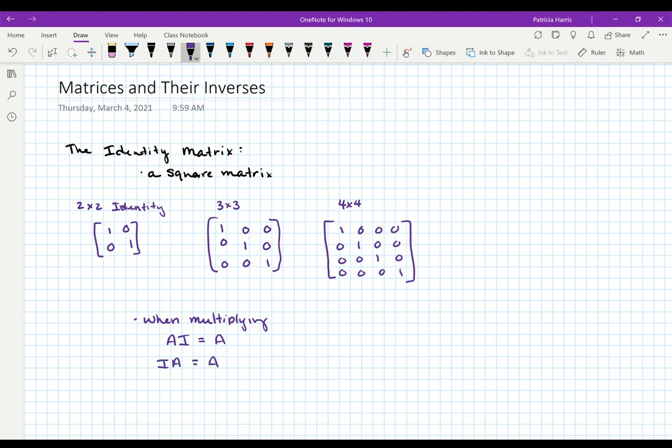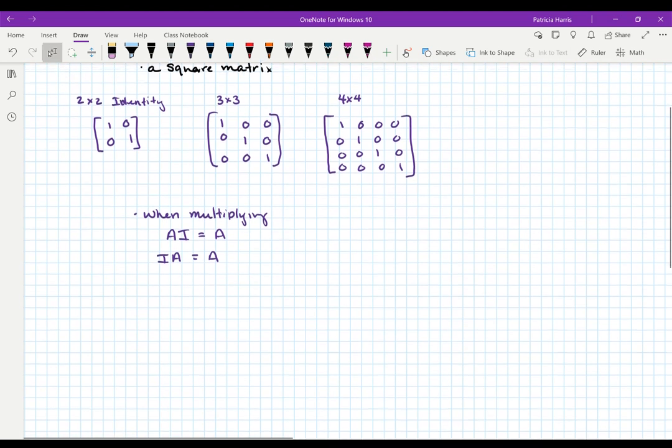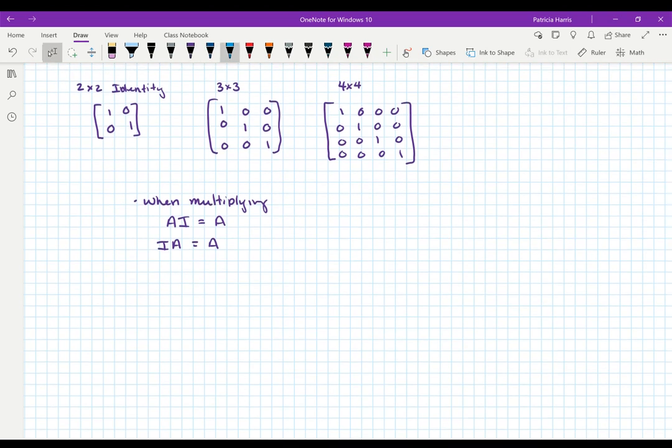So you can go the matrix A times the identity is equal to A, and then the identity times matrix A is the matrix A. Okay, as we know, matrix multiplication is not commutative, so let's give that a try.